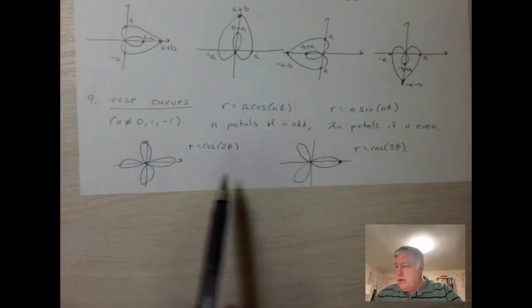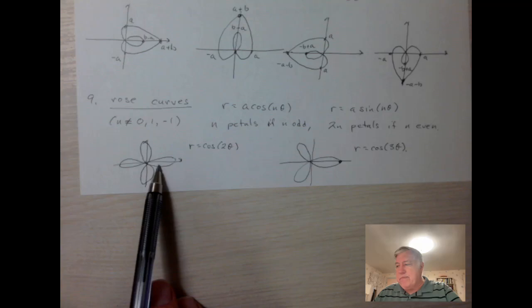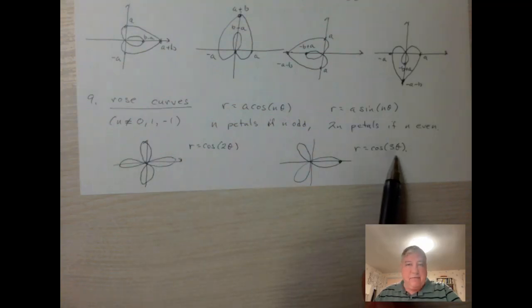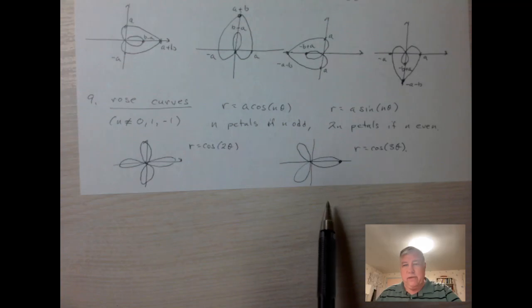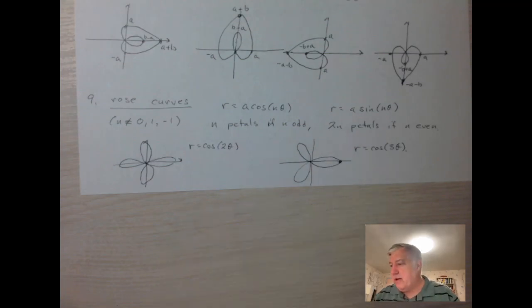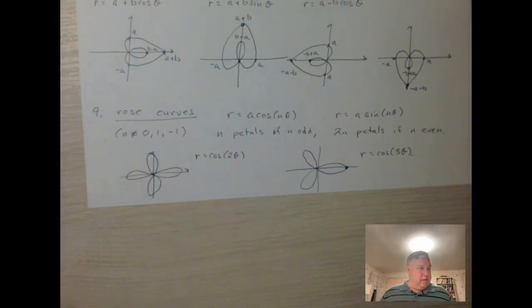So when n is 2, we get 4 petals. When n is 3, we get 3 petals because 3 is odd. All right, so again, that's kind of nice. You'll be learning a lot more about this in Calculus 2, for those of you who take that.